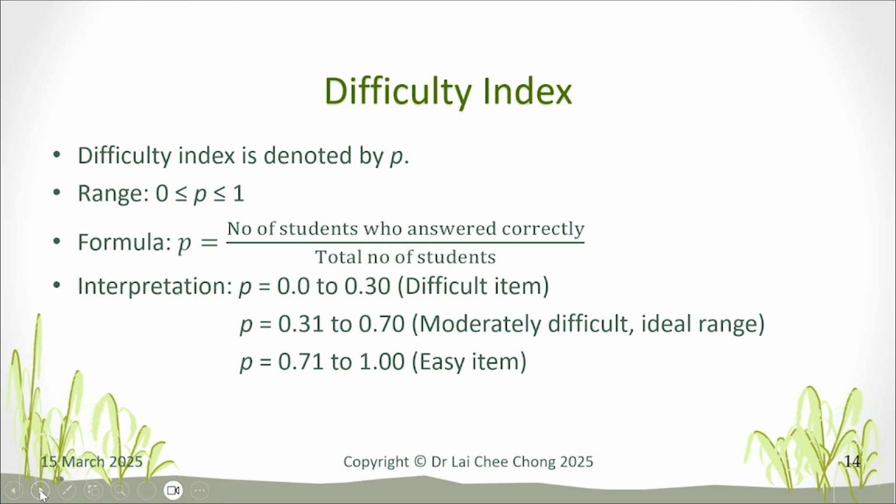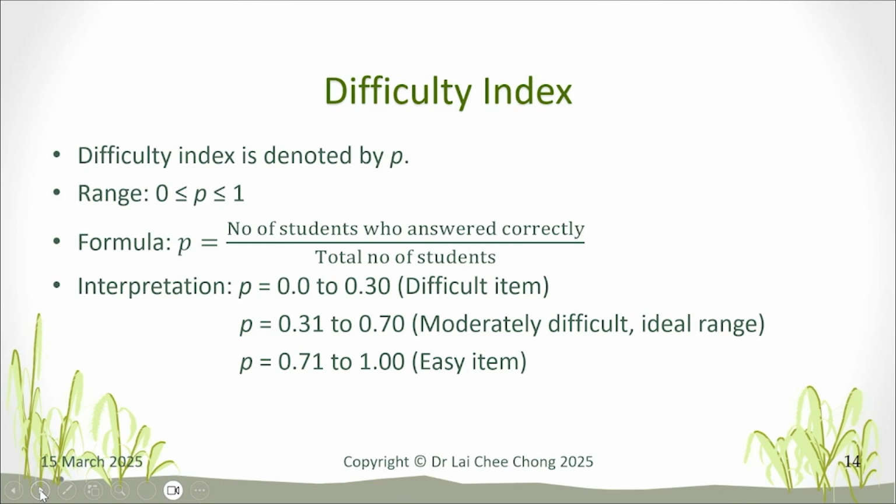Now, I give you the range here. If for that test item the value is not more than 0.3, that is considered a difficult item. The majority didn't do well. Only a few of them can do well. Okay, so that's basically what it is. If you have it between 0.31 to 0.7, it's called moderately difficult. And this is the ideal range. Good.